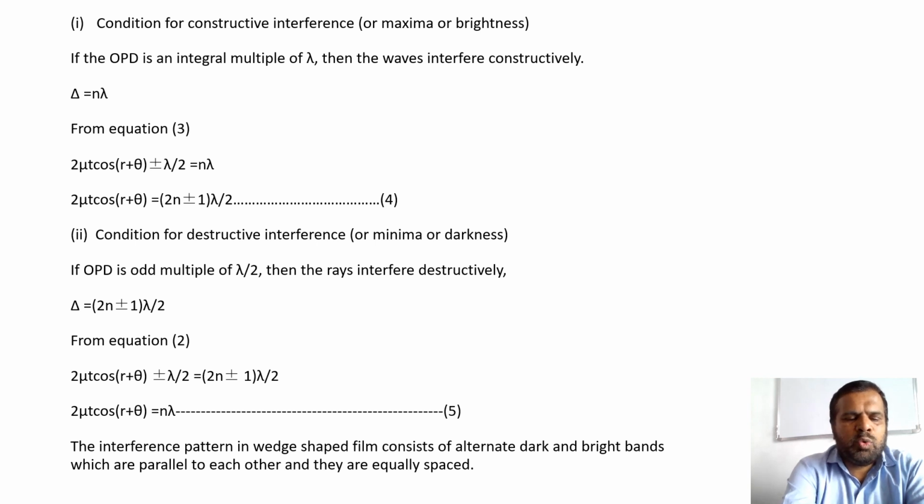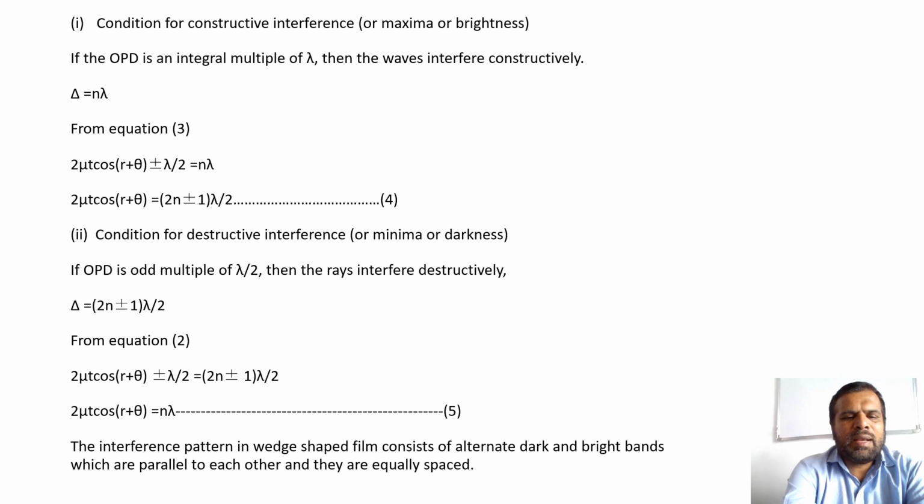From equation 2, 2 mu t cos of (r plus theta) plus or minus lambda by 2 is equal to (2n plus or minus 1) into lambda divided by 2, or 2 mu t cos of (r plus theta) is equal to n lambda. Call this equation number 5. When this condition is satisfied, the film will appear dark.